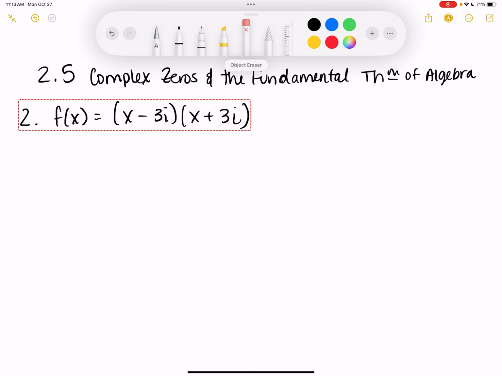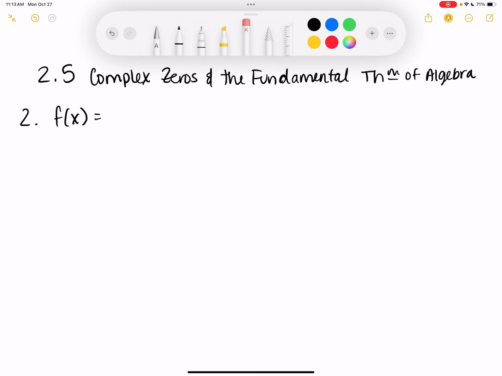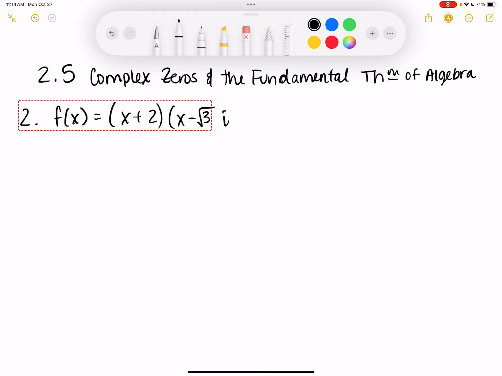Hold on. I'm just going to rewrite the whole thing. This is supposed to be reading the wrong problem. x plus 2 times x minus the square root of 3i, and then times x plus the square root of 3i. There we go. It just got way more complicated.